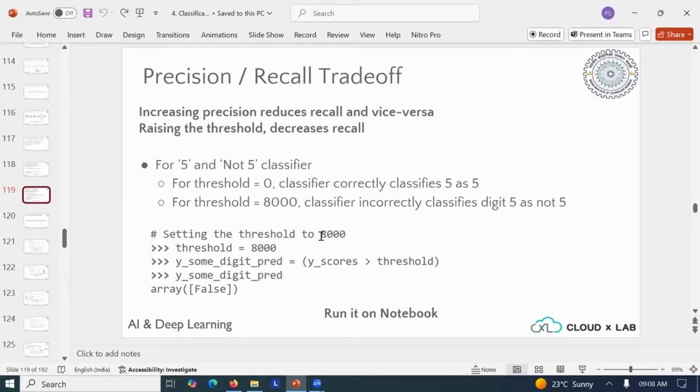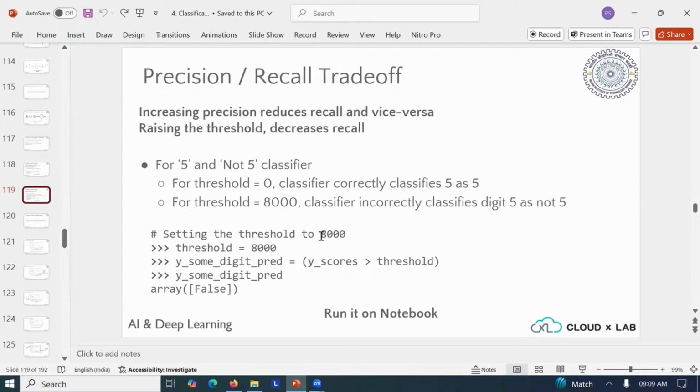Because what recall is capturing is how many times we are capturing 5 cases, the true cases. So let's say there are a total of 100 true cases and the model is only predicting 80 of them, which means recall is 80 divided by 100, right?